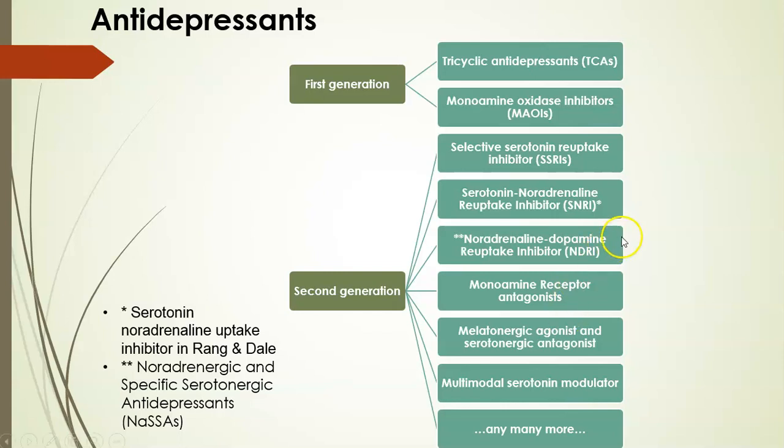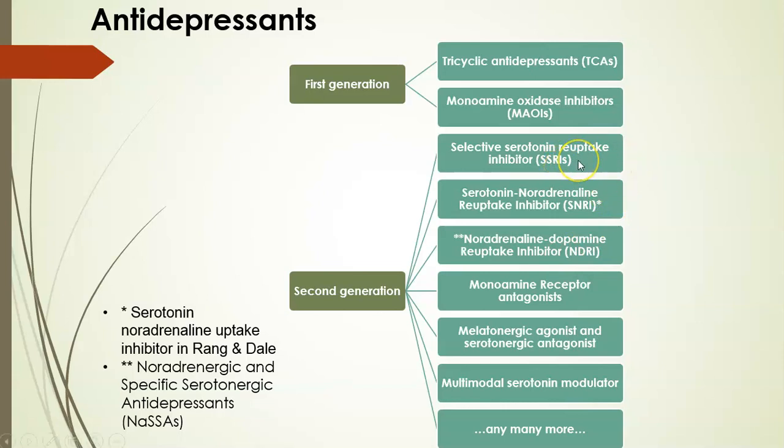The first generation of antidepressant drugs, like the tricyclics and also the MAOIs, are very rarely used these days because of how much more effective and safe the second generation antidepressant drugs are.